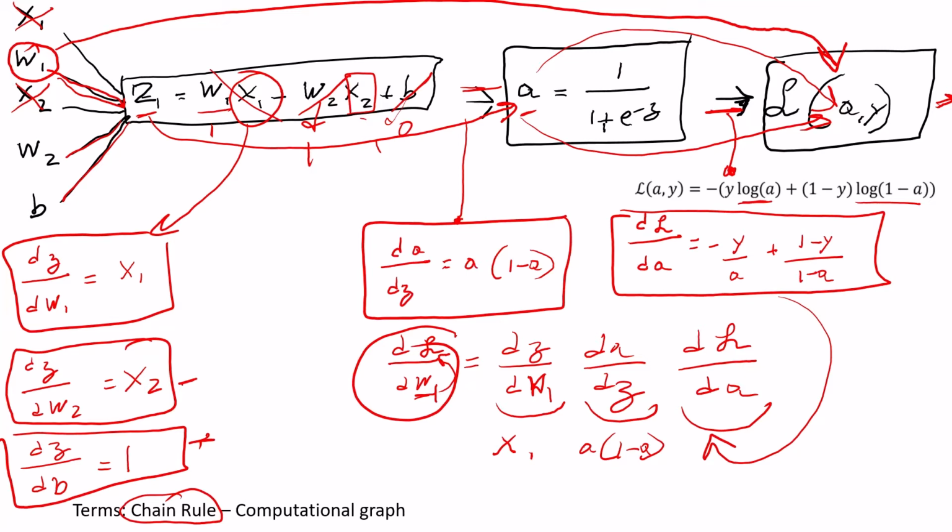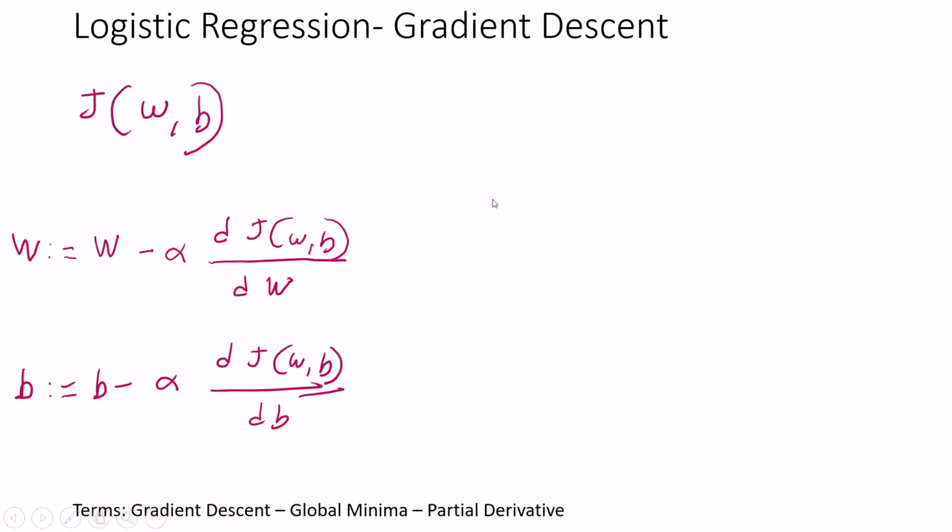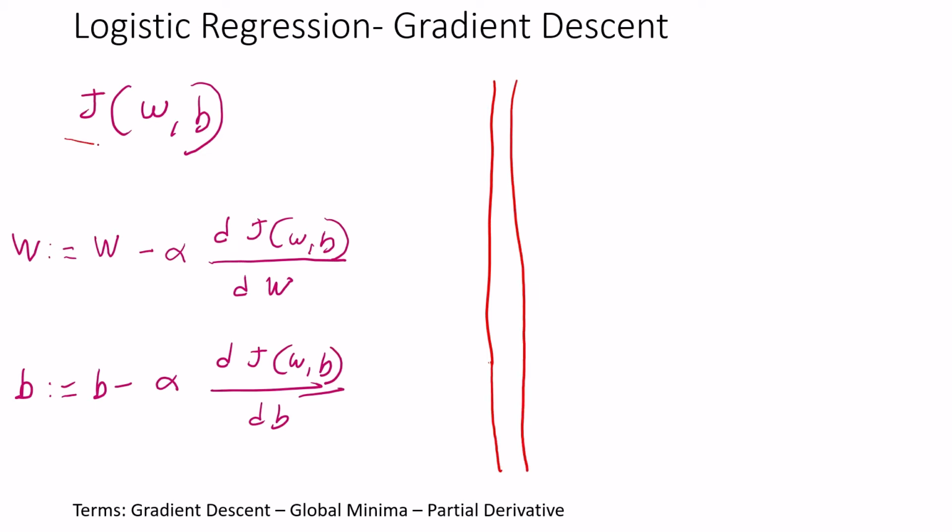So what do we do with this? If you remember from the previous lecture, we calculated that we needed W and B to be updated this way, but this was for J, which was for the cost function, the average across the whole data set. While in the previous slide, we calculated for the single data point, which is for the loss function.